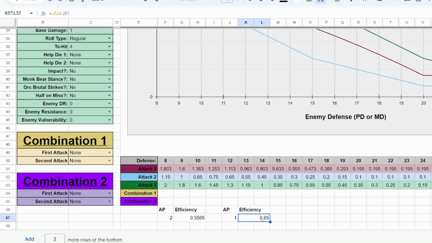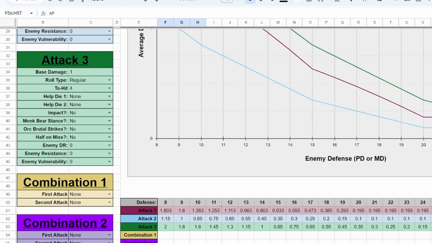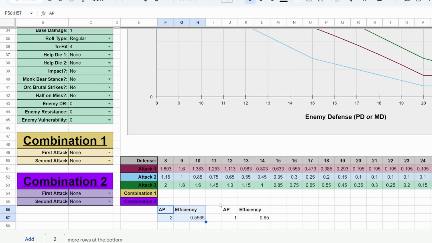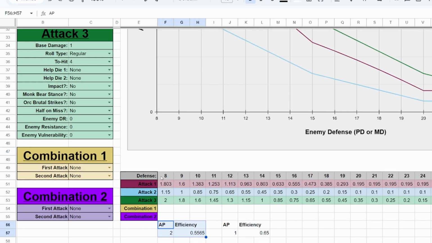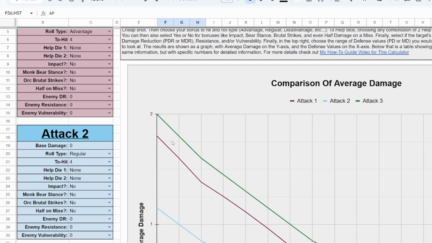We got a 0.65 efficiency for my regular hit, and basically a 0.55 efficiency for using AP for advantage. So we can see that this changes the situation a little bit. Our base damage is going to play a role in whether the advantage is worth it, whether the advantage is really just about as good as trying to get another attack off.